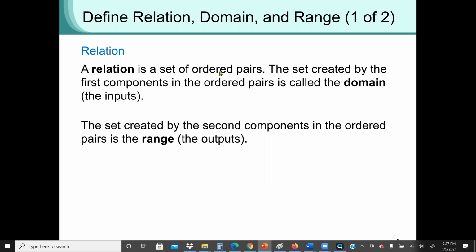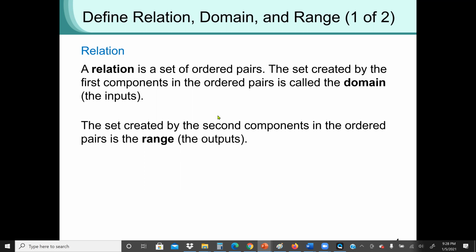The set created by the first components in the ordered pairs is called the domain. So the domain will be the input. And the set created by the second component in the ordered pair is called the range. So the range will be the output.